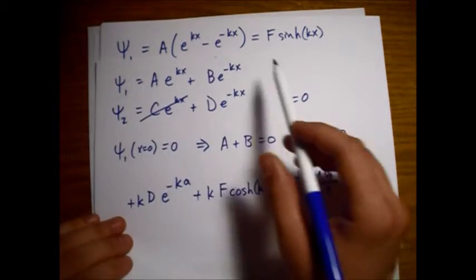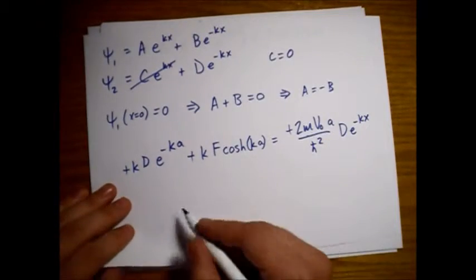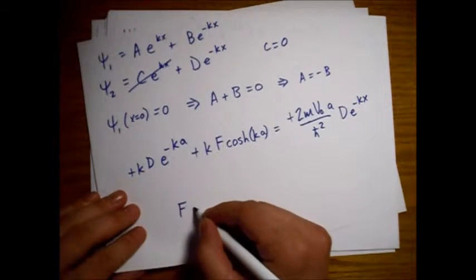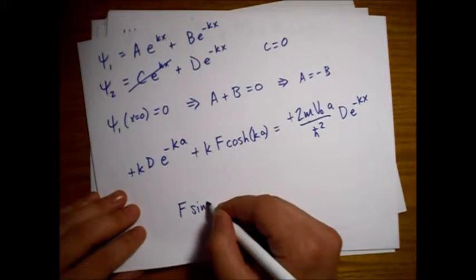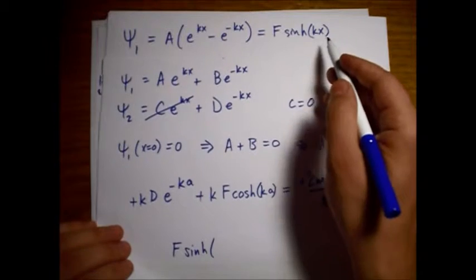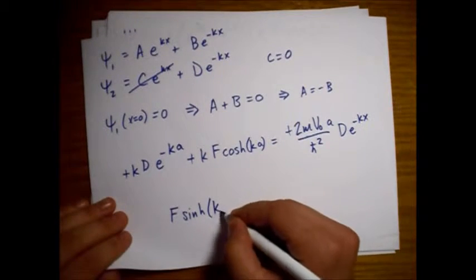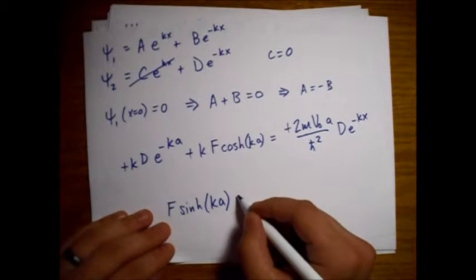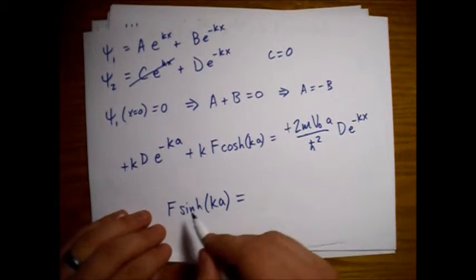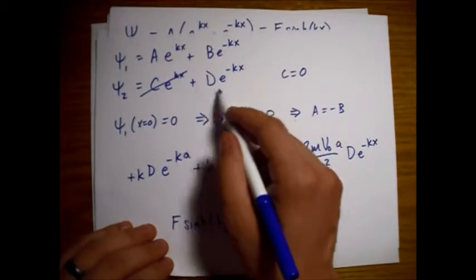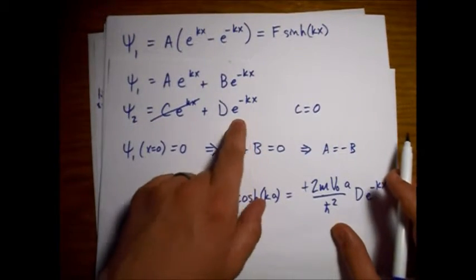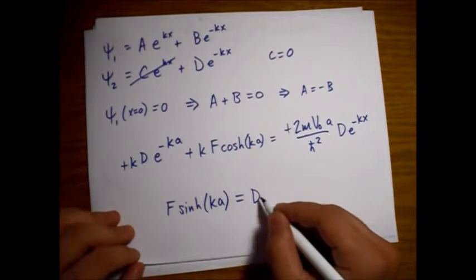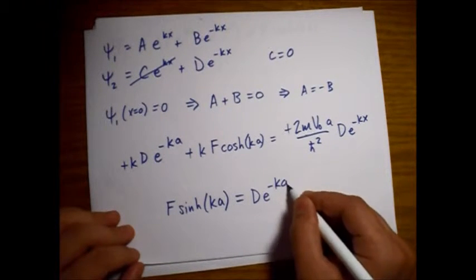So we have our psi 1, which is F hyperbolic sine, evaluated at a, so ka, is equal to this psi 2 here, also evaluated at a.